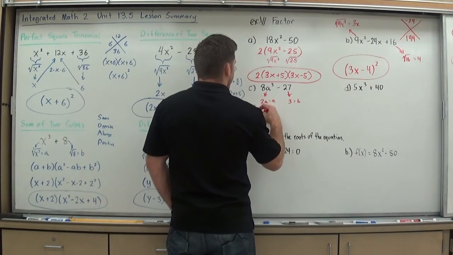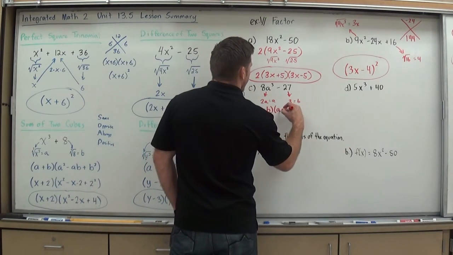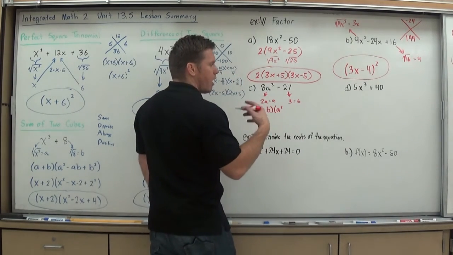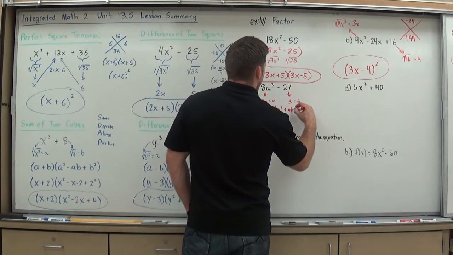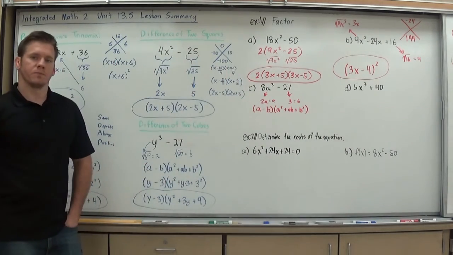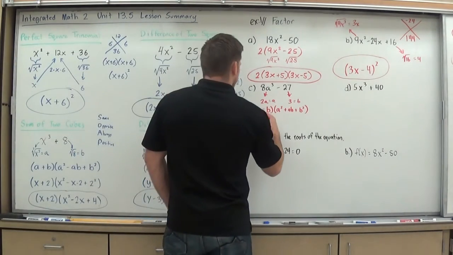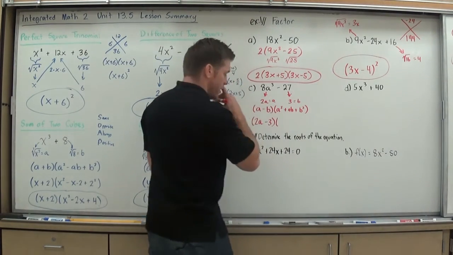And I can just plug them right into my formula, which goes a, and remember SOAP, same, so minus b times a squared, SOAP again, same, opposite, and then a times b plus, always positive at the end, so plus b squared. Now I can plug them right in. 2a minus 3, and here's where it can be tricky.